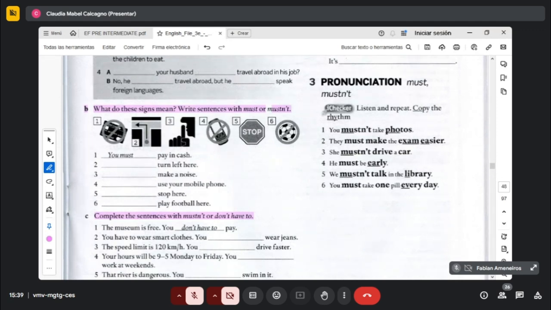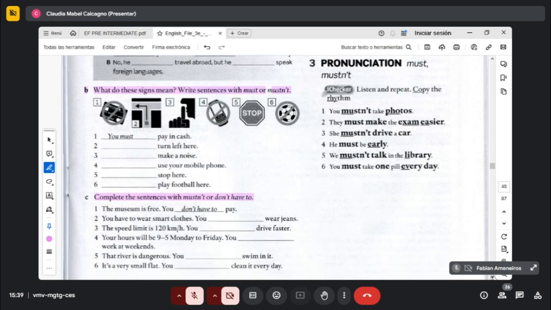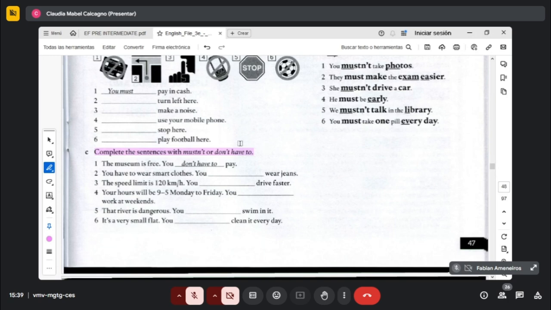Okay, excellent. And the last activity where you have to use all. So, any volunteer to read activity C? Any brave one? No, no one? Okay, Jessica?